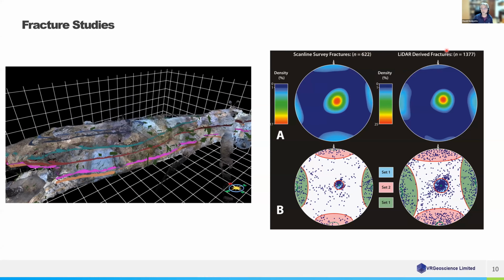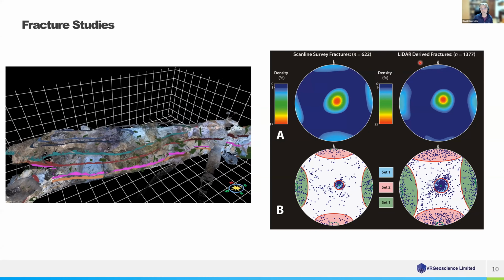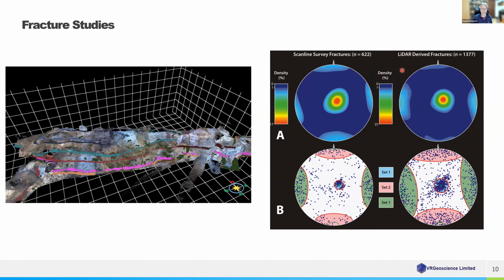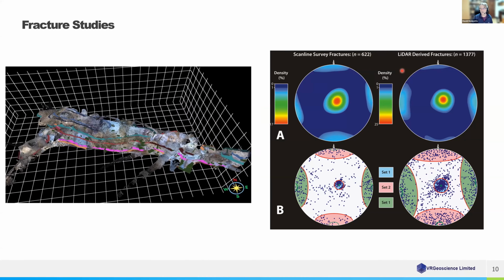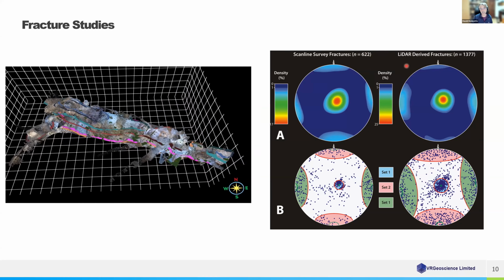From the LiDAR-derived fractures, okay, you've got to take into account that we had a day of collecting the LiDAR data, but then there was also 1 day of interpretation, to collect 1,377 fracture measurements.